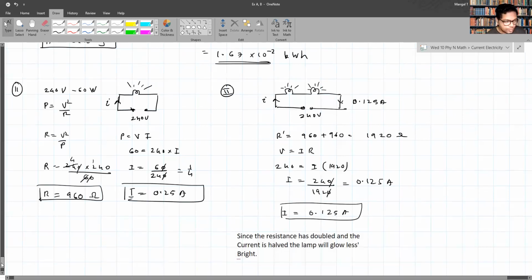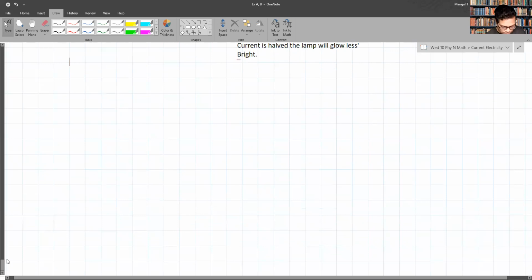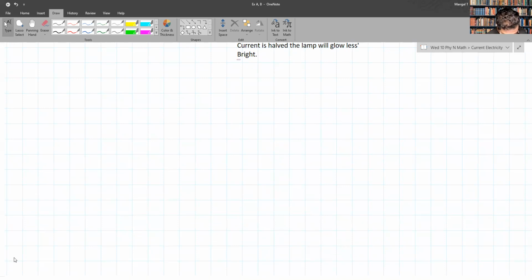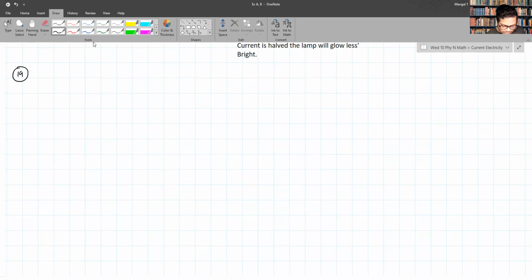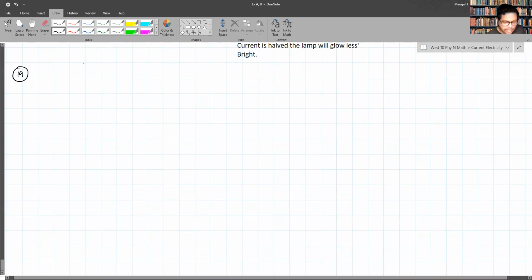Now we will do one question, which is number 19. The electrical toaster draws 8 ampere current.